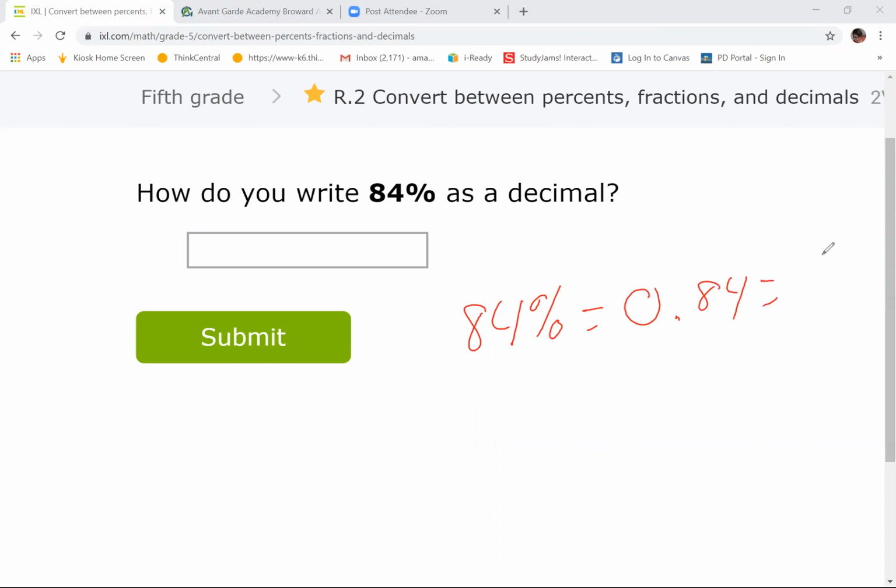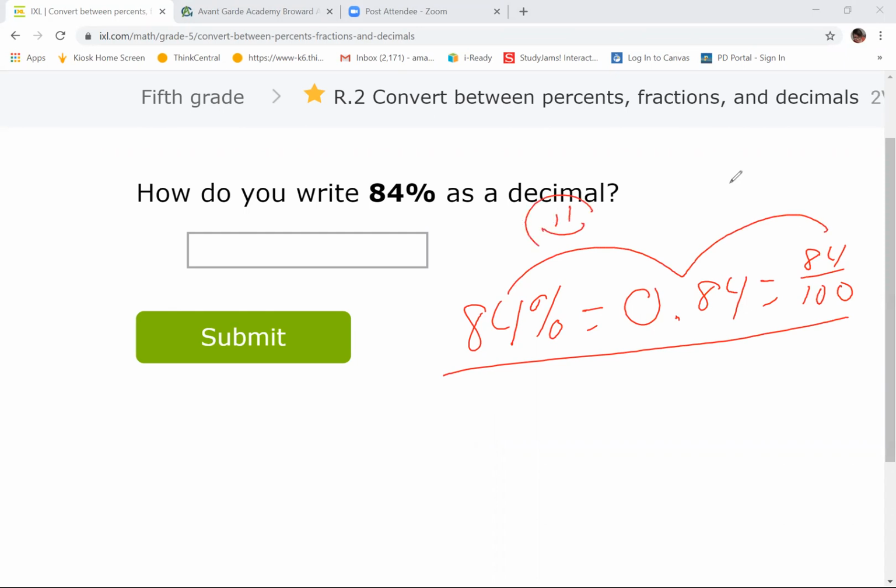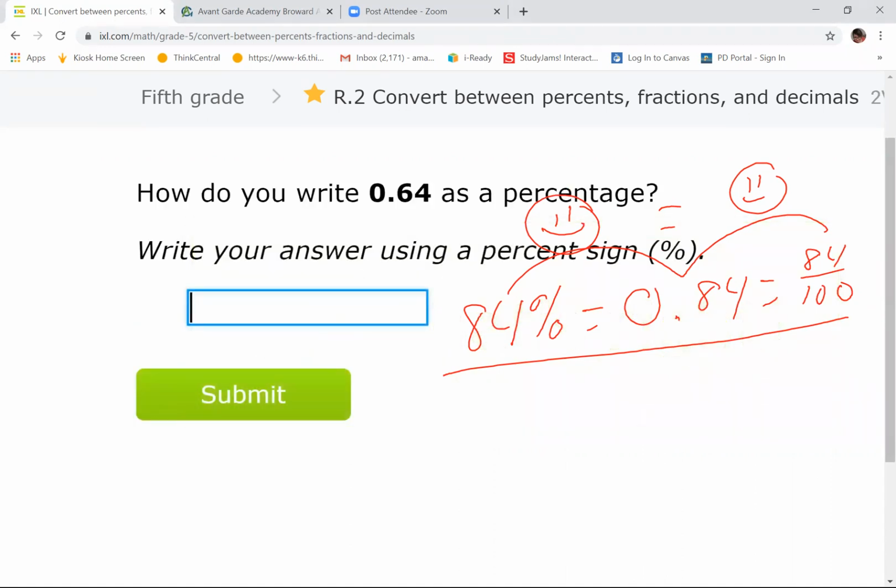And if you want, you can always add one more thing, even if they didn't ask you to, just because this is good practice to see how each one is equivalent. They all mean the same thing. So how do we write it as a decimal? 0.84. Submit. Super simple.